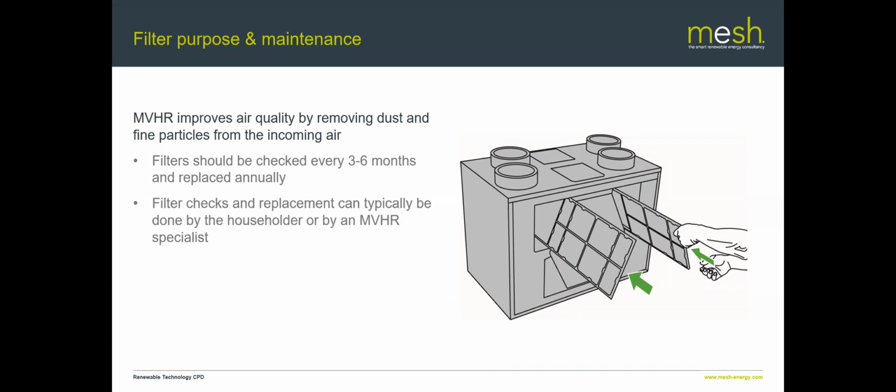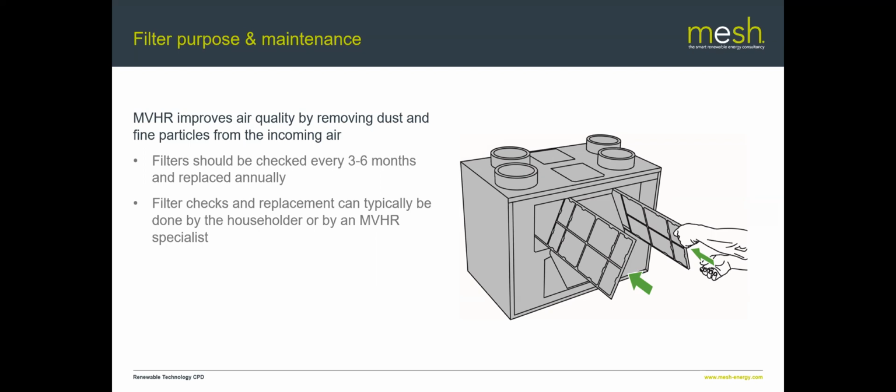In terms of maintenance, the main things are: you pull the filters out every 3 to 6 months and give them a quick hoover off, and then you would also replace the filters on an annual basis. The reason you do that is to stop any potential mold growth from dirty filters after a year.